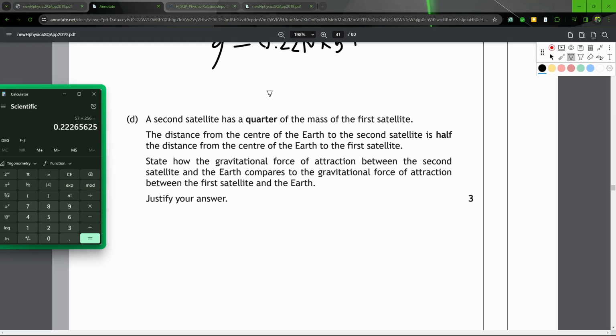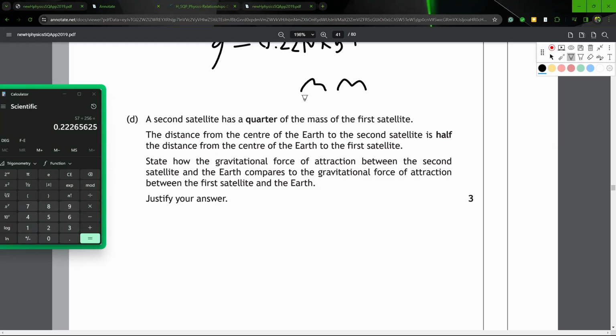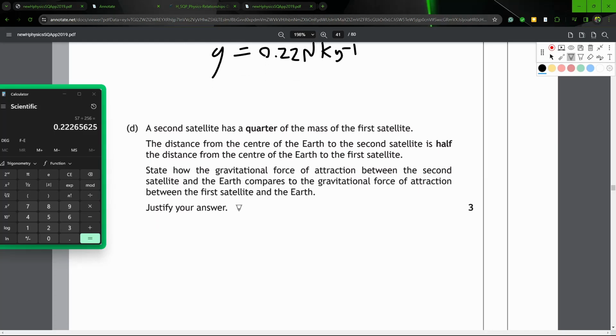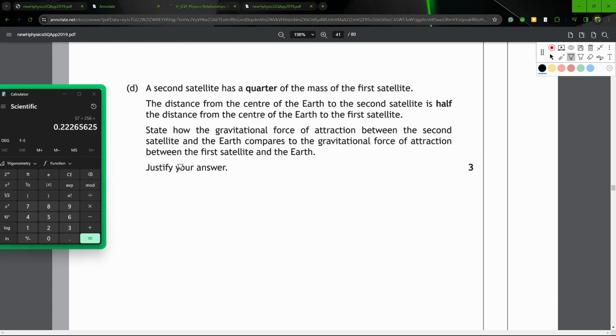Remember it's m over r squared, so you have a quarter of the mass, that'll be 0.25 for your mass, and then the radius is half the distance, but if you square a half you get 0.25, so you'd end up with the same force. But let's justify it by calculation just in case.